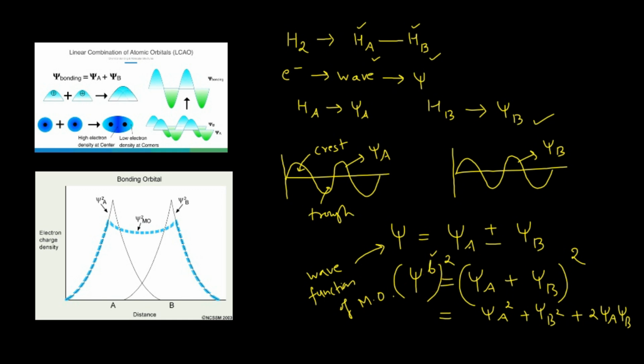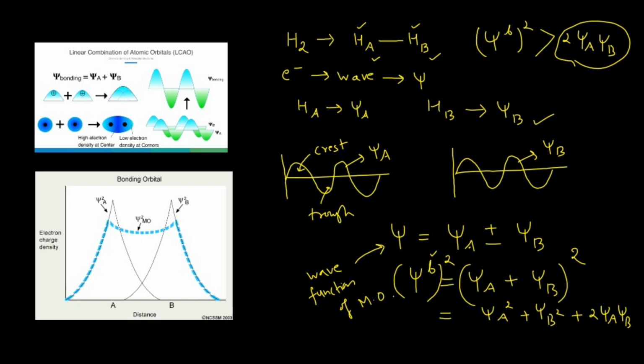The higher the value of this, the higher the interaction and the greater the stability of the molecule. This bonding orbital square is greater than psi A square plus psi B square by a factor of 2 psi A psi B, and that 2 psi A psi B is basically the increased charge density between the two nuclei.